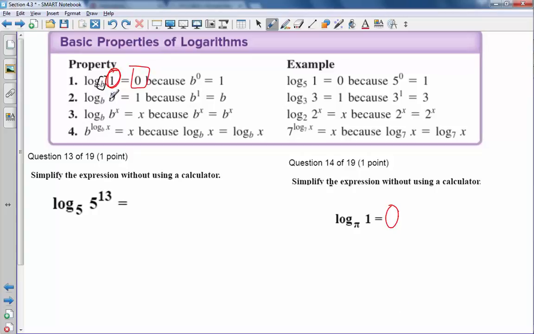If you see the base and the number inside matching, the answer is always 1. Such as, for example, logarithm base 3 of 3 is 1. Logarithm base 5 of 5 is 1. How about this one?